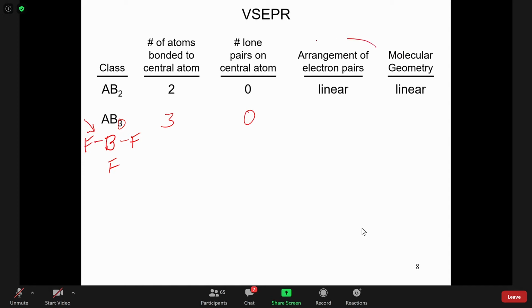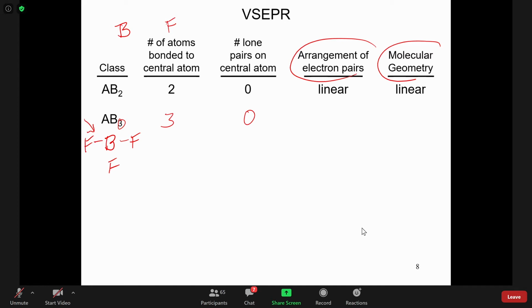What could the arrangement be so that these atoms are as far apart from each other as possible? What would you do if you had a B and 3 Fs?